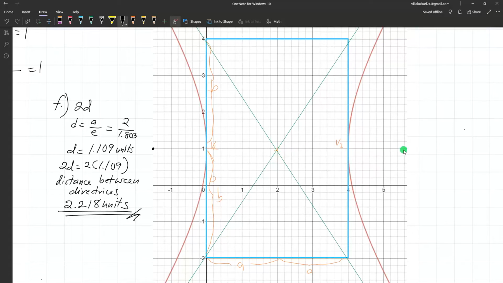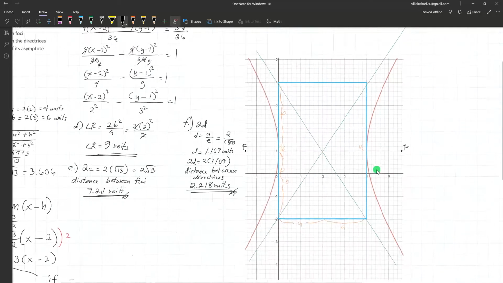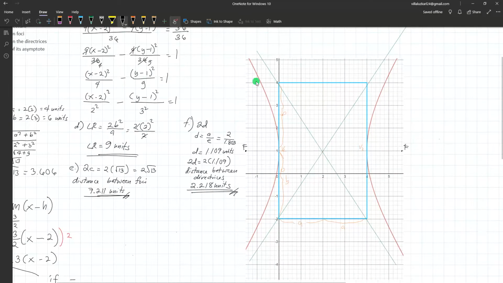So that's the foci. Then you draw a line perpendicular to that. That's the latus rectum. You draw a line like that, and you draw a line here.